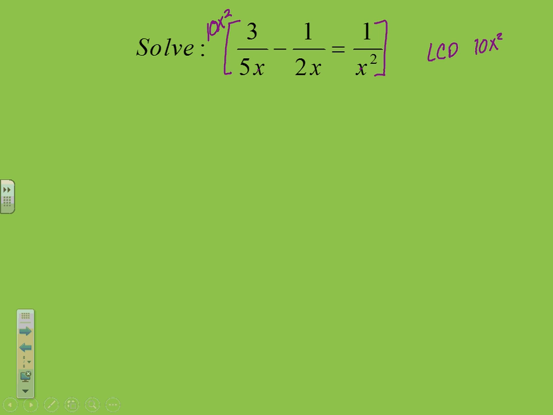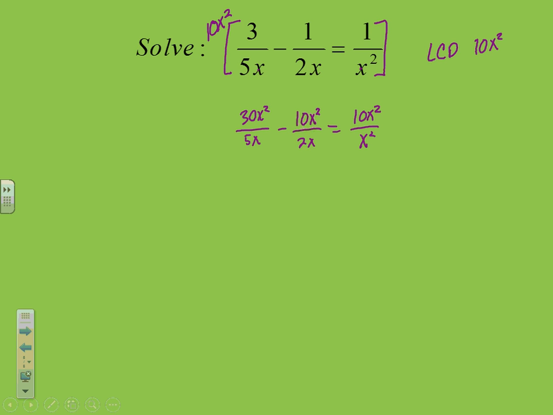So the 10x squared times 3 will give me 30x squared over 5x, and minus 1 times 10x squared will just be 10x squared over 2x, equals 10x squared over x squared.